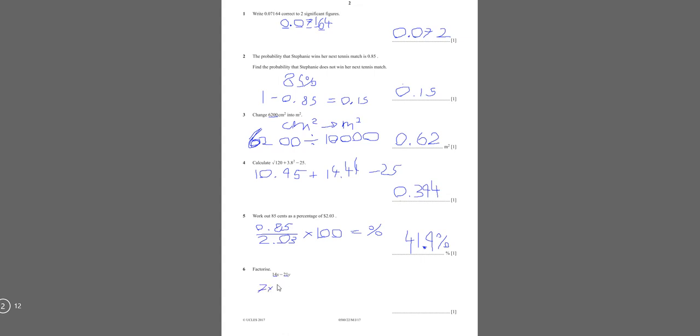7 times 2 is 14, and 7 times 3, or in this specific case, negative 3, is 21. So, if we want to create a factorized expression, we have a 7, we open the bracket, and inside we will have, no, excuse me, that's not 3x.